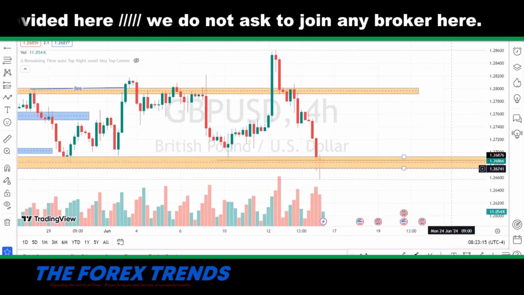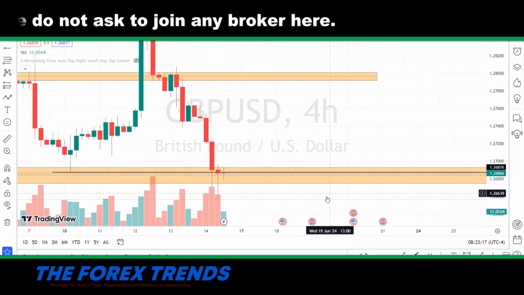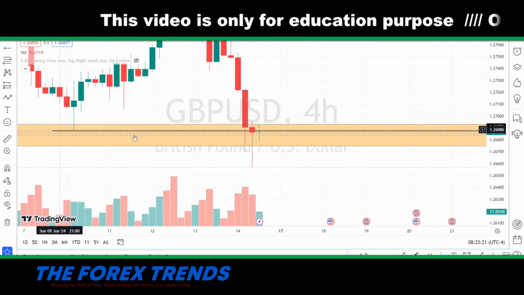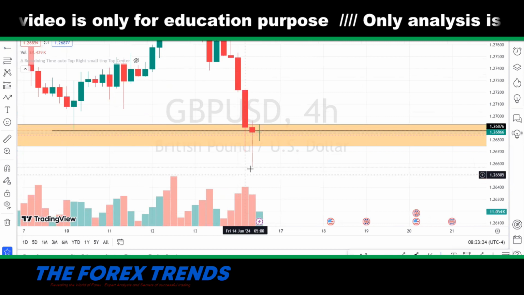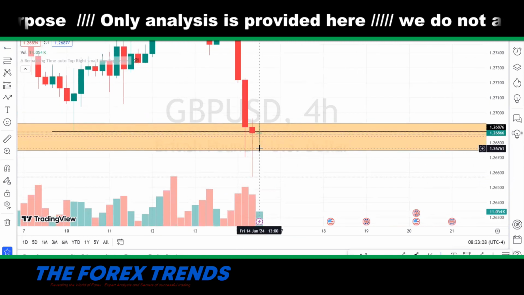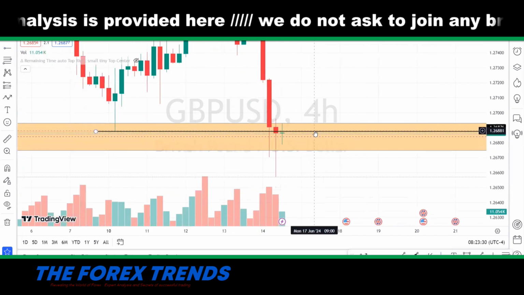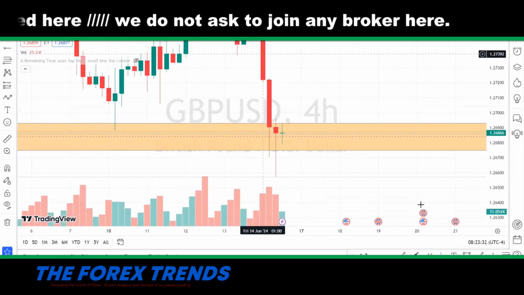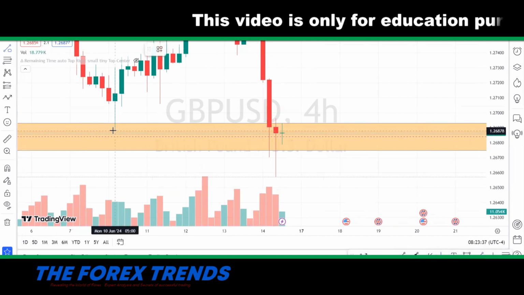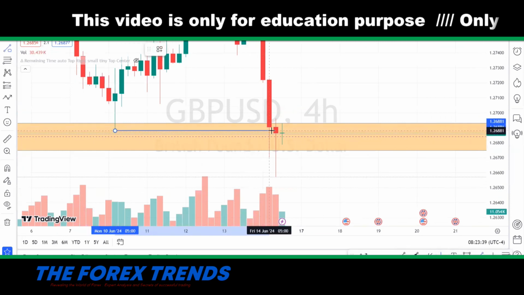If I zoom in on this portion, you can see the market has closed two candles below this price. That means this is a change of character or shift of structure. So let me mark this point for change of character.